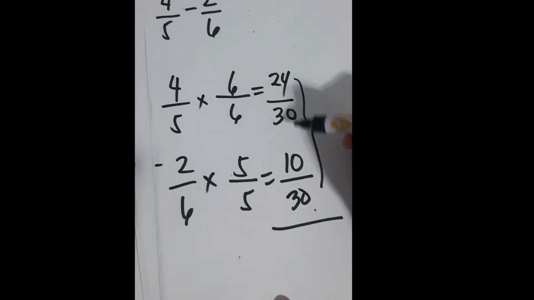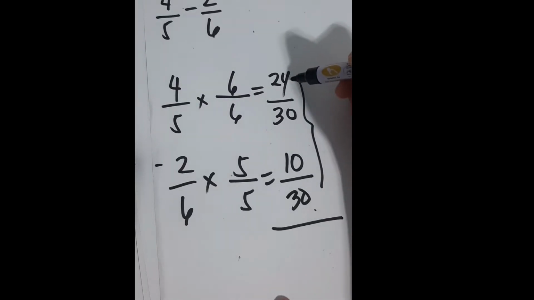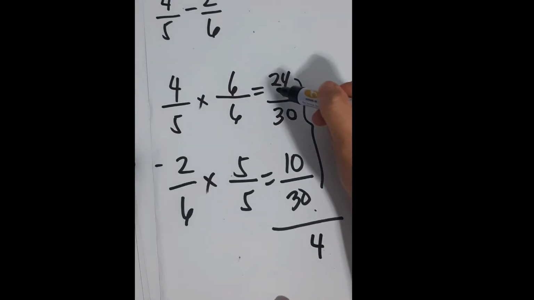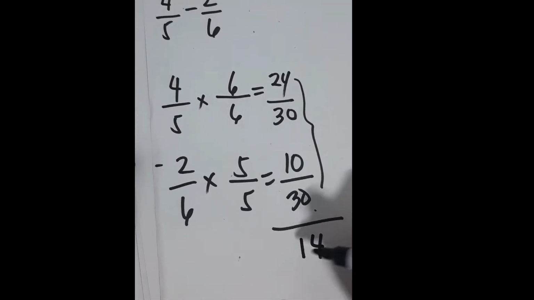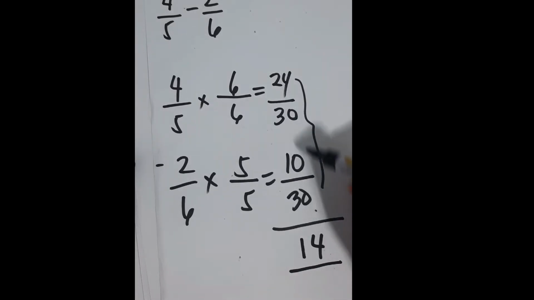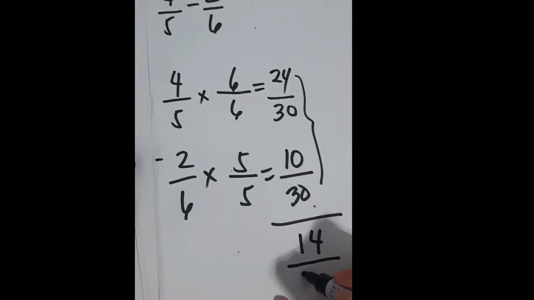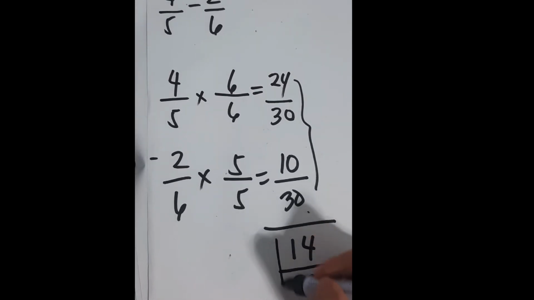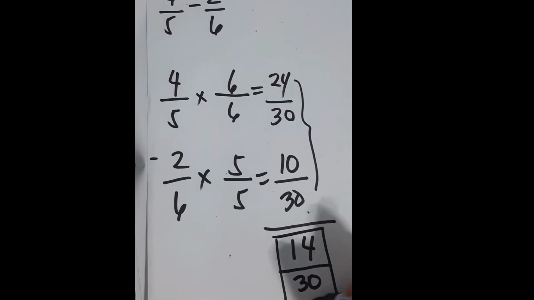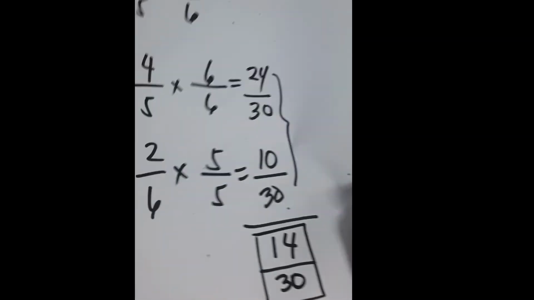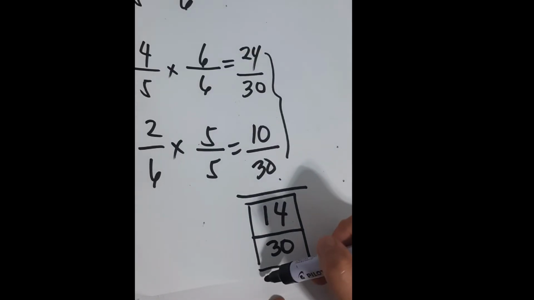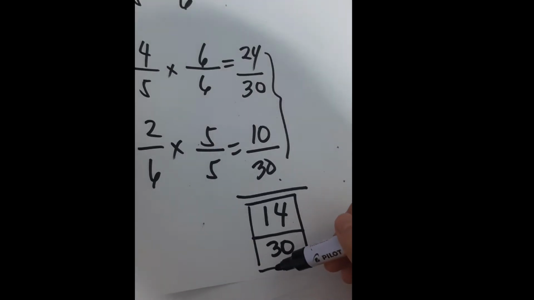So 24 minus 10, or 4 minus 0 is 4, and 2 minus 1 is 1. And then copy the denominator. So that is 14. So itong sagot natin, pwede pa natin kunin yung lowest term nito.